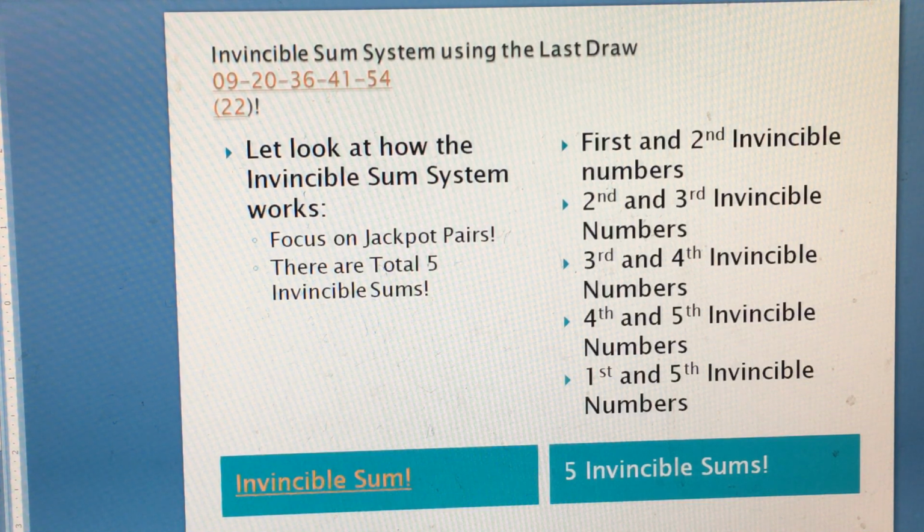Focus on the jackpot pairs. There are a total of 5 invisible sums. The invisible sums are grouped into the first and second invisible numbers, second and third, third and fourth, fourth and fifth, and the first and fifth invisible numbers.